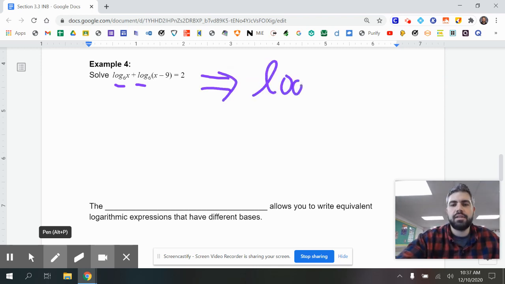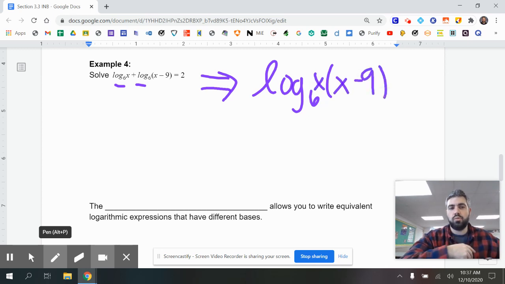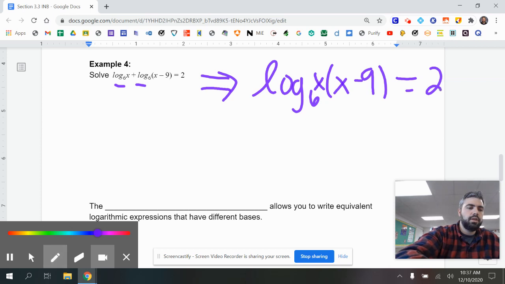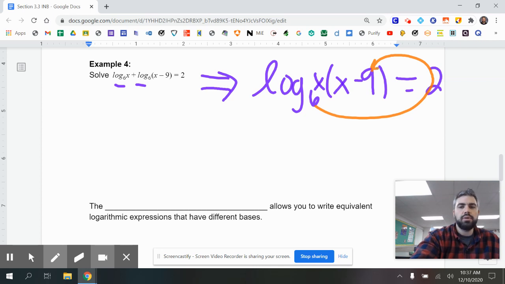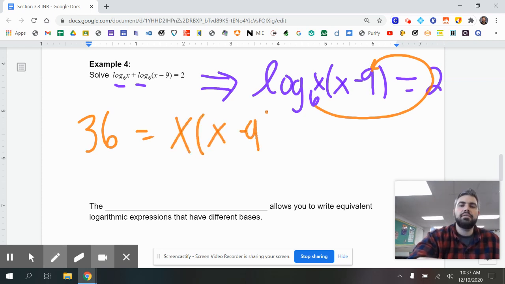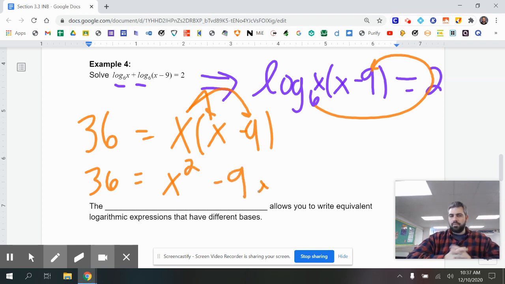I'm going to write it as log base 6 of x times x minus 9, because when there was addition, it's really multiplication, is equal to 2. Using the loop rule that we talked about in the first one, 6 to the 2 power should equal that whole multiplication problem. So 36, because 6 to the second power is 36, is equal to x times x minus 9.